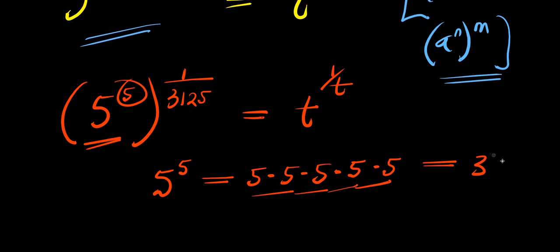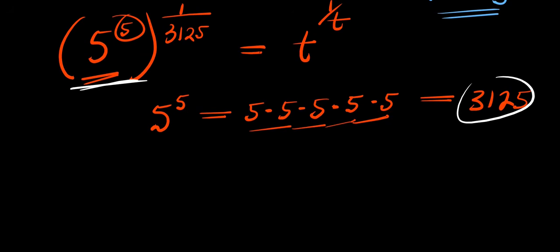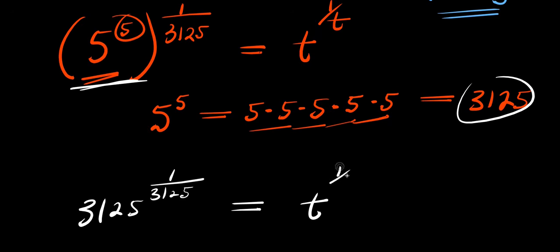This is 3125. So I will gladly replace this with my 3125. So this will give me 3125 raised to the power of 1 over 3125. And this equals t raised to the power of 1 over t.